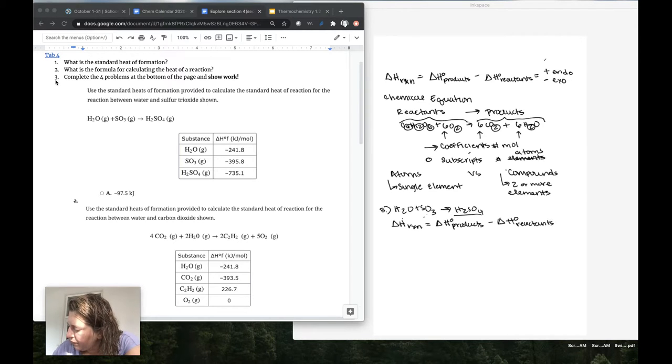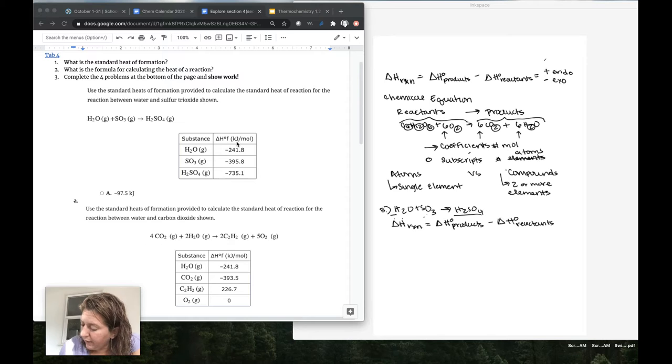I'm going to start abbreviating this as just P and R for products and reactants. I'm going to take those values in the table off to the left, where it says substance and then delta H formation, and the units are kilojoules per mole. We're going to have to look at our chemical equation.